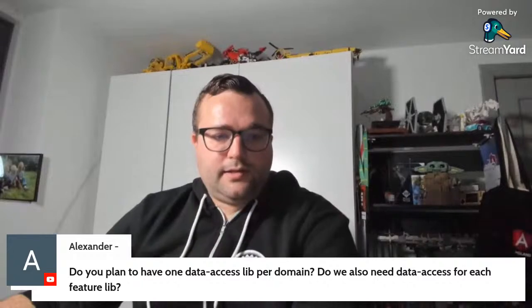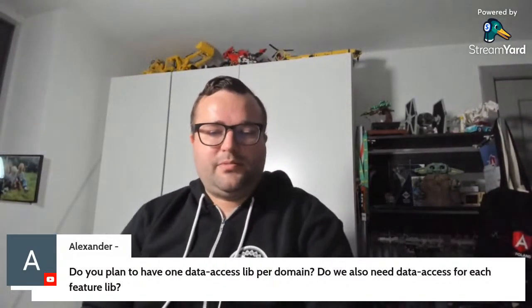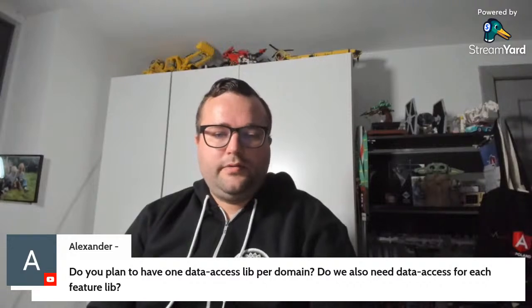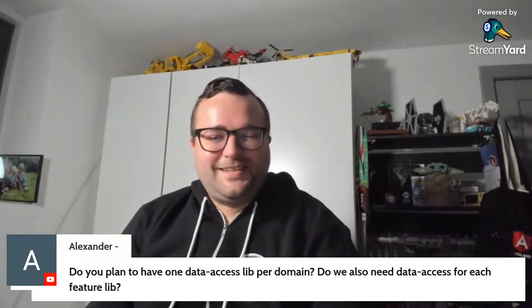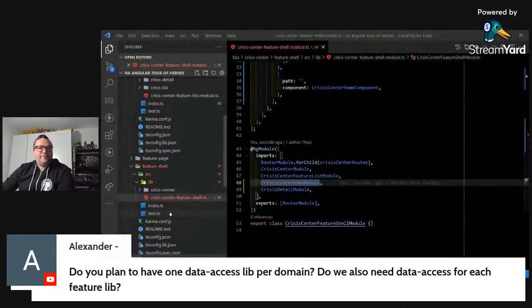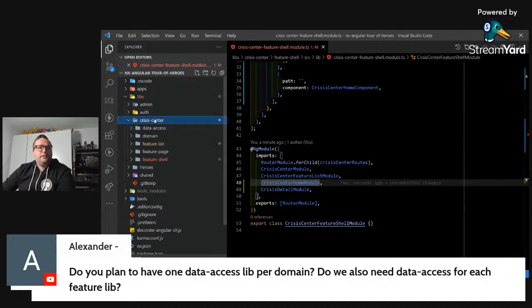You're asking, Alexander, if I have plans to have one data access library per domain or one for each feature lib. It depends. Right now, we only have the crisis service for this domain, and that's the reason I only created one data access.